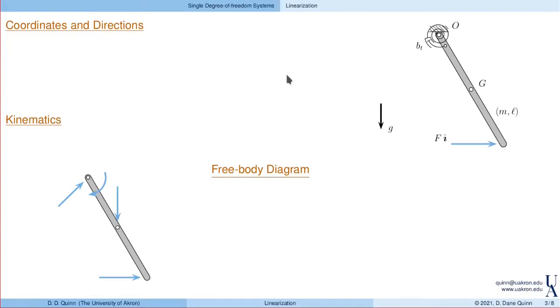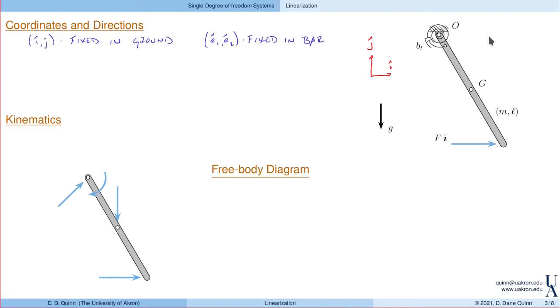Now we turn to coordinates and directions. We'll define directions I and j to be fixed in the ground, horizontal and vertical, as we always do. Let's go and place those, say, here and there. Then we'll define a second set of directions, E1 and E2, that are fixed in the bar.